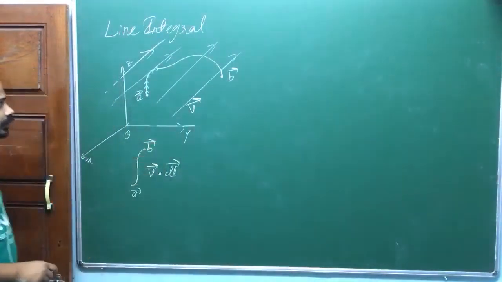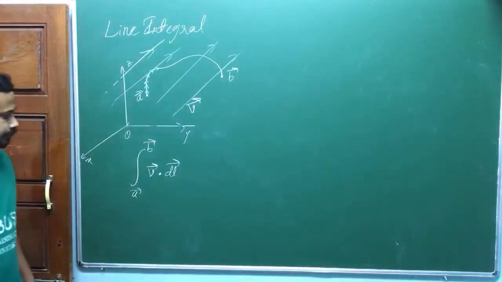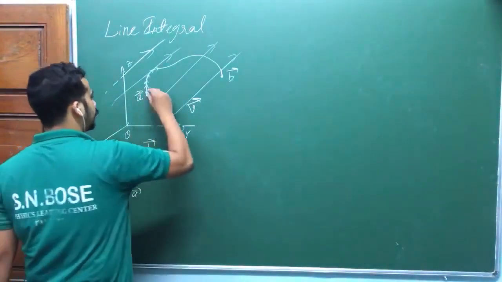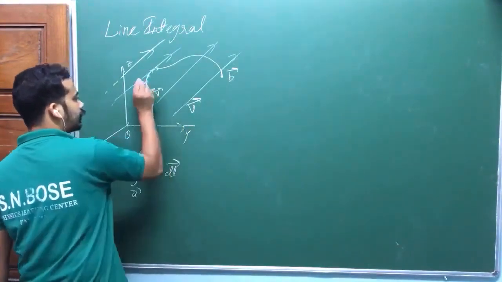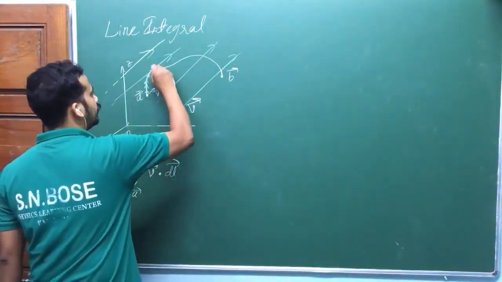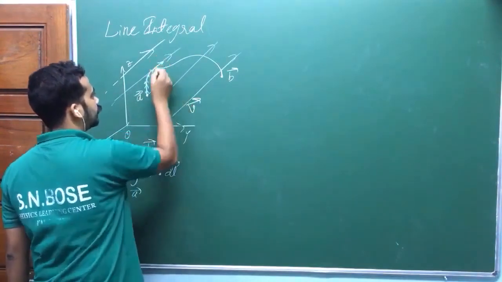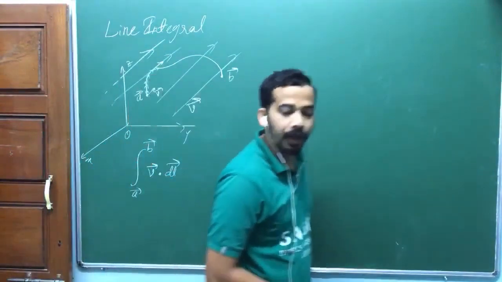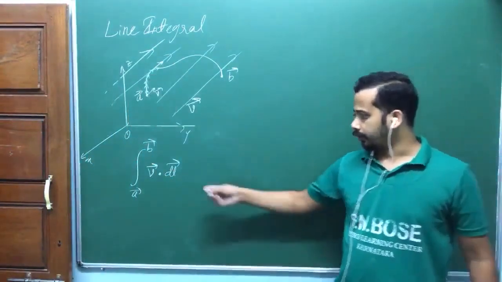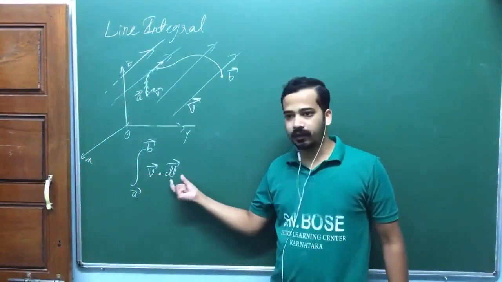I think I did already explain this one, isn't it? Suppose you take it here: your vector field may be in this direction, your dl vector may be in this direction. If you take it here, your vector field is in this direction, dl vector is in this direction. At each and every point on that path, you take this dot product, okay? dl is infinitesimal.